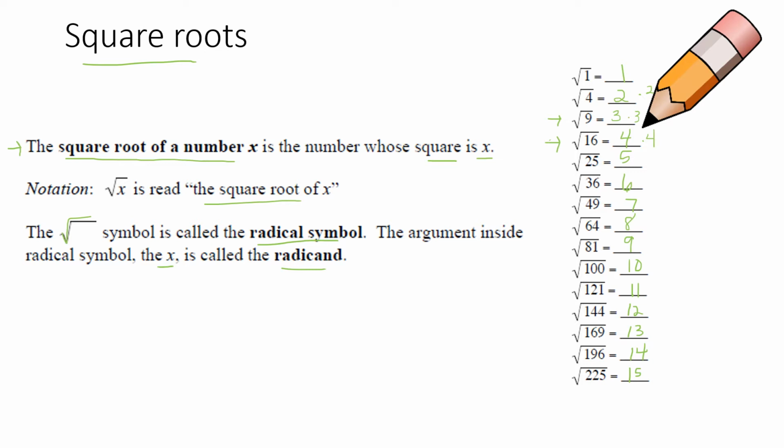So you can just go, okay, 1 times 1 is 1, 2 times 2 is 4, 3 times 3 is 9, 4 times 4 is 16, 5 times 5 is 25, and you could just keep going on and on and use your calculator to help you get, okay, 15 times 15 is 225. So you can come up with that list instead of memorizing them. But again, these are the 15 magical numbers that I want to make sure that you have because they're going to help us as we move forward.